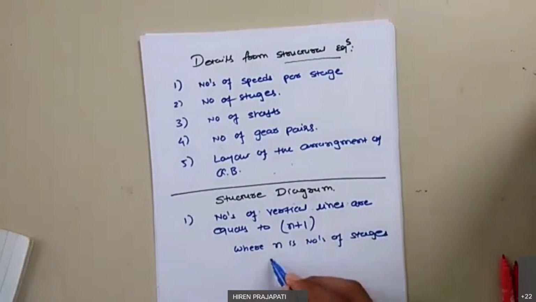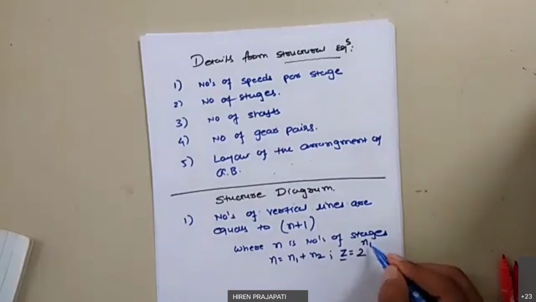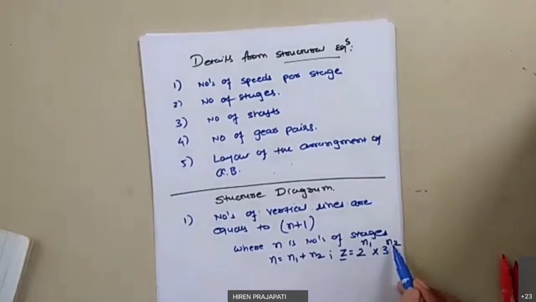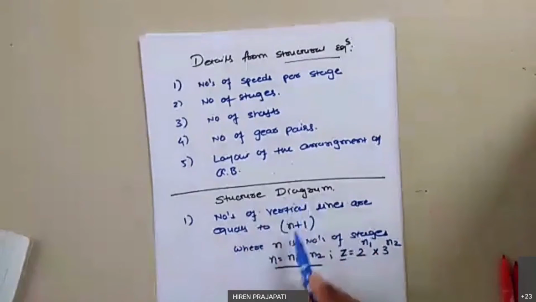If you recall our previous lecture, n is equal to n1 plus n2, where Z, the number of speeds available from the gearbox, is 2 raised to n1 into 3 raised to n2. So n1 and n2 are the powers of 2 and 3. So n is n1 plus n2, and the number of vertical lines in the structure diagram is one more than the number of stages.